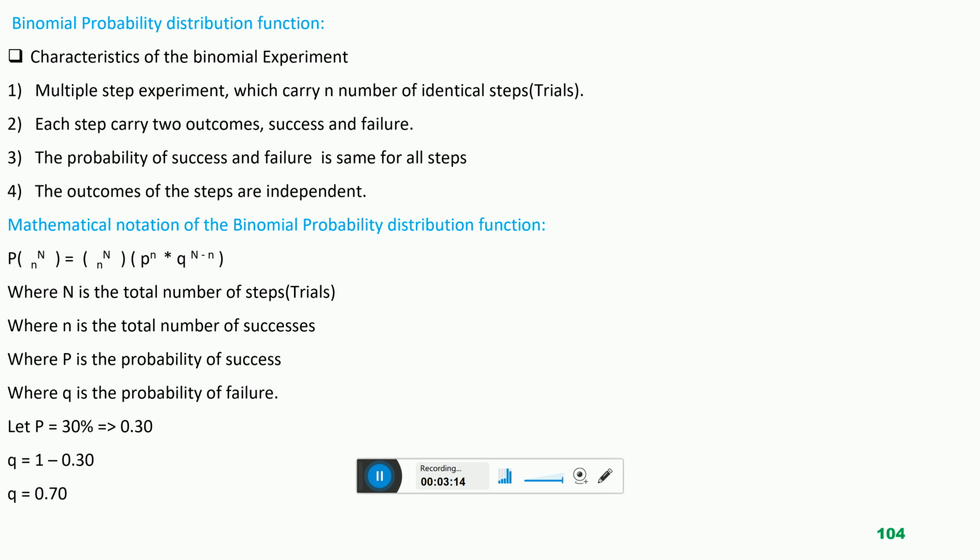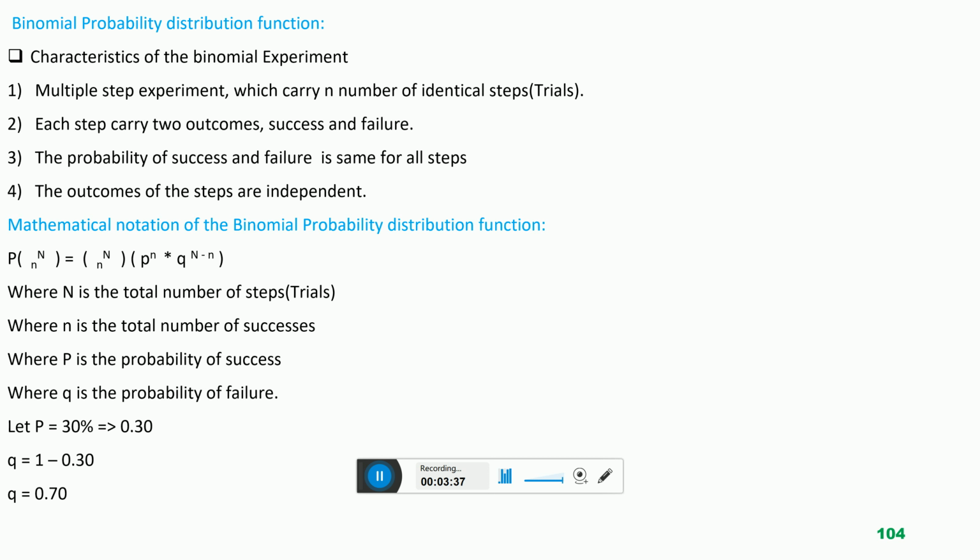First toss outcome is head. It does not mean that the second toss outcome will be tail. No, it does not. Outcomes of each step do not depend on each other. So the outcomes of the steps are independent, or we can say trials or steps are independent.